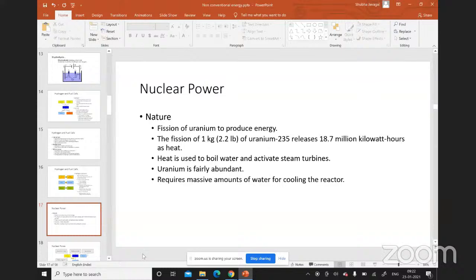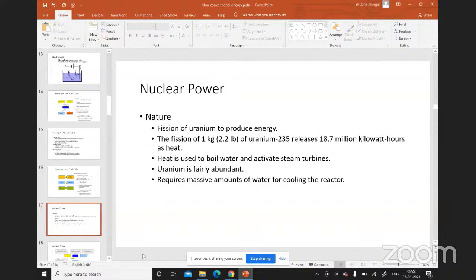So here the electricity or power is majorly produced by the fission of uranium atoms, right? A kilogram of uranium-235 releases about 18.7 million kilowatt hours of heat. So you can see the amount of electricity or energy that can be produced here.